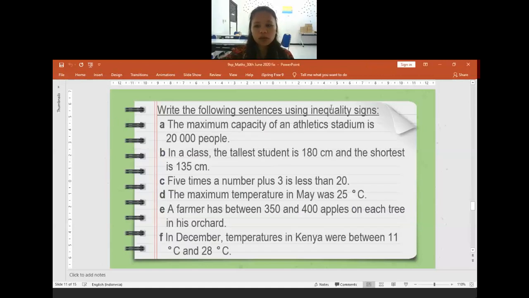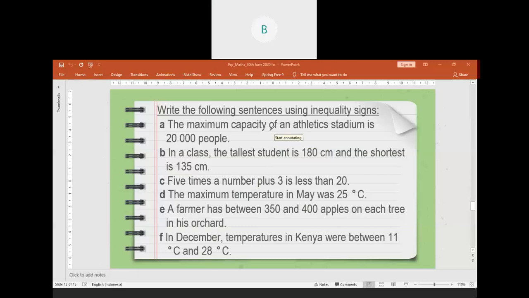Number 4. Let us continue to question 4. From the sentence, we are going to make the inequality. In question A, the maximum capacity of an athletic stadium is 20,000 people. So what inequality do we have to write? Maximum capacity.